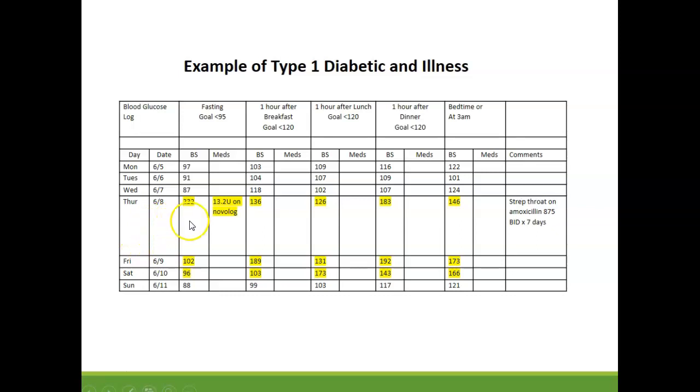You can see quickly how illness throws this patient's insulin resistance off. All of a sudden their numbers are out of whack, and after being on antibiotics for 3 days, come day 4, their numbers improve.